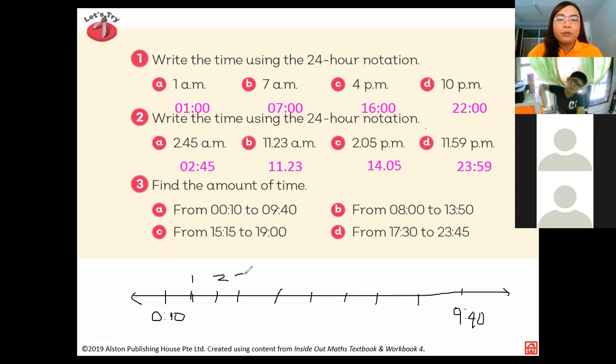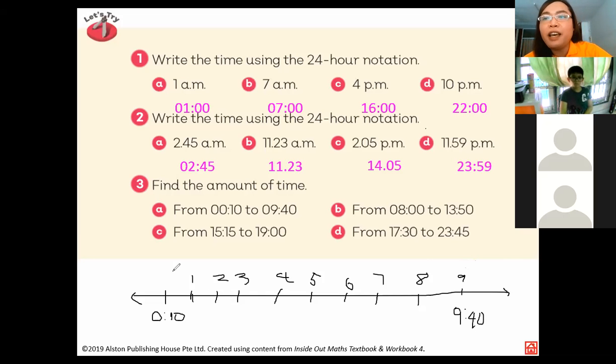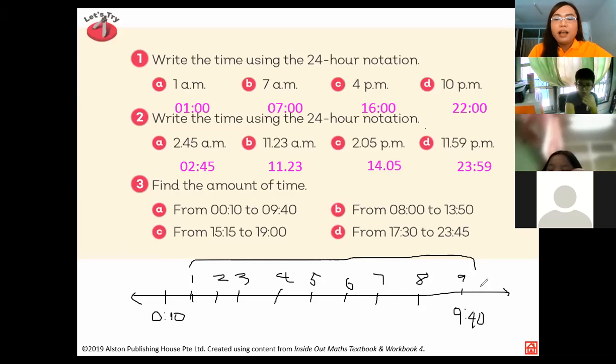Then 1, 2, 3, 4, 5, 6, 7, 8, and 9. So what is the amount of time, class? Nine hours? Are you sure?